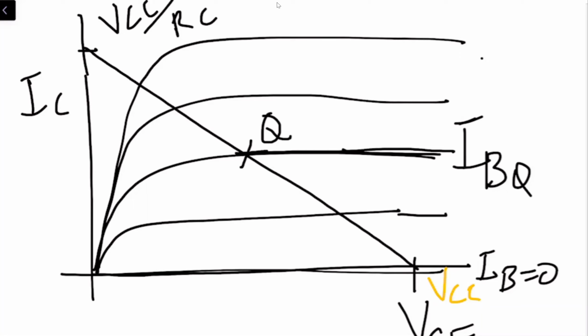It is the point where the transistor will be operating for specific values of different components, which are VCC, RC, RB, and the value of beta. Are you with me?